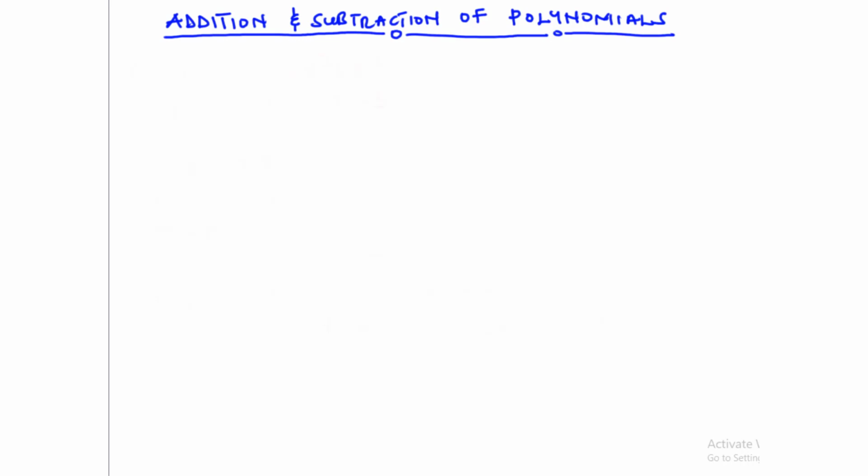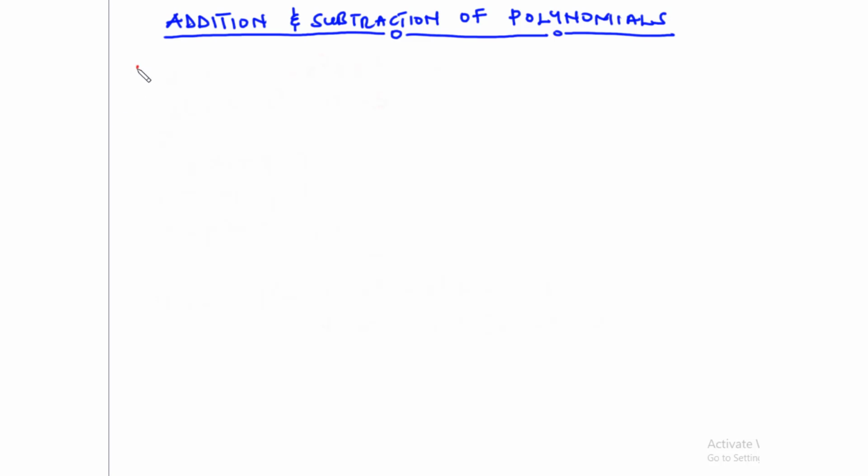So first of all, let's talk about the addition and subtraction of polynomials. In adding and subtracting polynomials, we add or subtract like terms, or better still, we add or subtract corresponding terms with the same powers. Now let's consider this question.